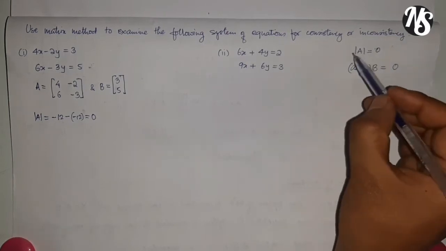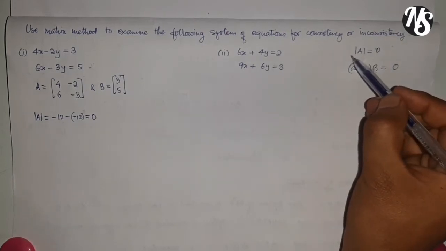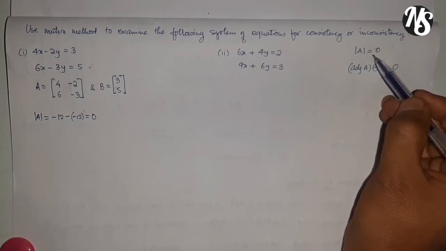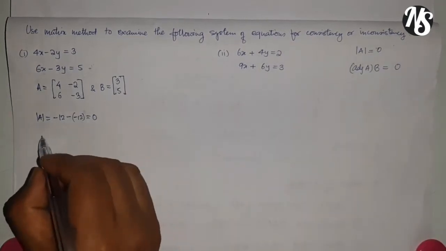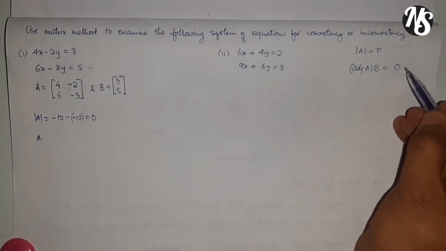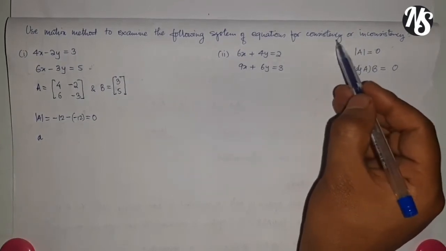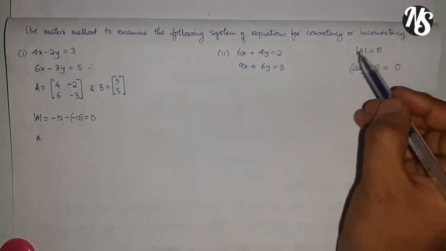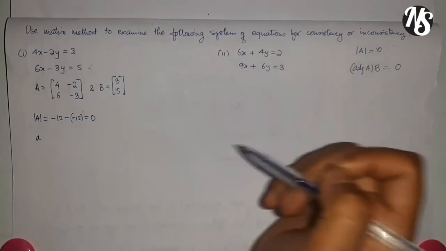Because in criterion number 2 it is said, if determinant of A is equal to 0 and adjoint of A into B is a 0 matrix, then it is consistent and has infinitely many solutions. That's what my condition number 2 says, right?